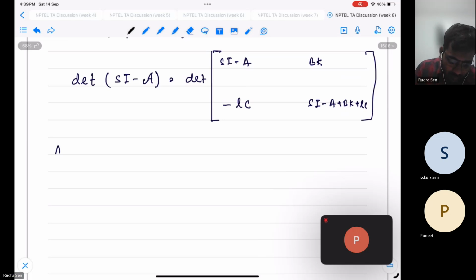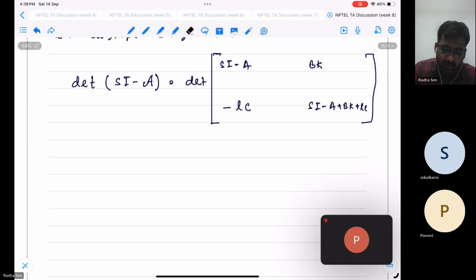Now we have already studied the row exchange method, the row elimination method, right? So what we'll do is add this to that and then subtract.